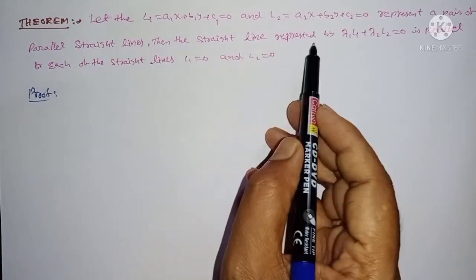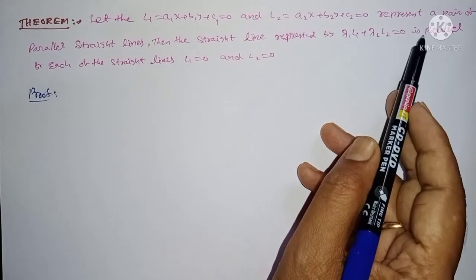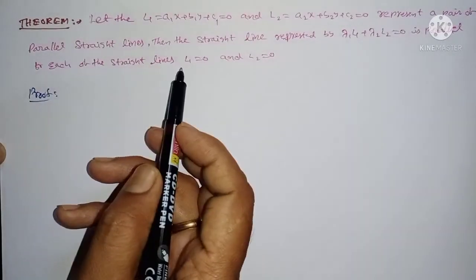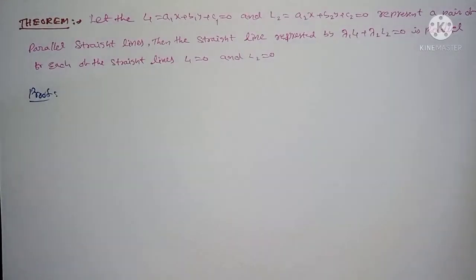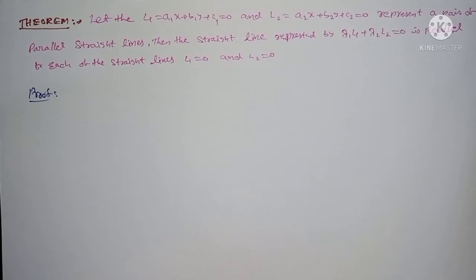Then the straight line represented by lambda 1 L1 plus lambda 2 L2 is equal to 0 is parallel to each of the straight lines L1 is equal to 0 and L2 is equal to 0. The given L1 and L2 are parallel, and lambda 1 L1 plus lambda 2 L2 is also parallel to L1 and L2. How can you prove that?